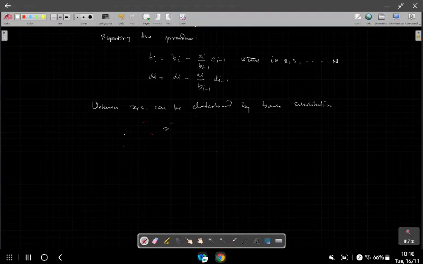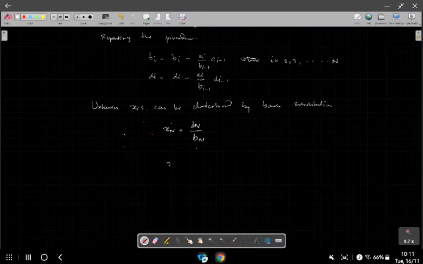Okay. So the last term, xn, will be equal to bn dn divided by dn divided by bn.